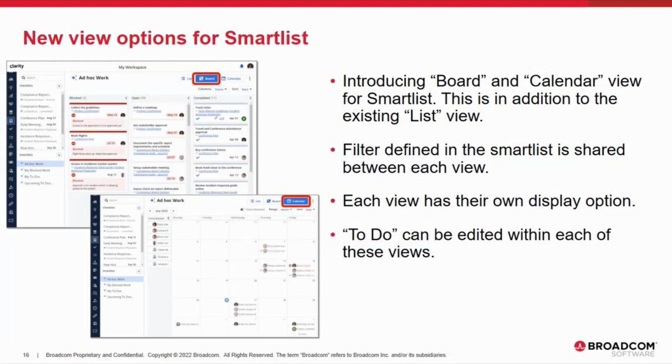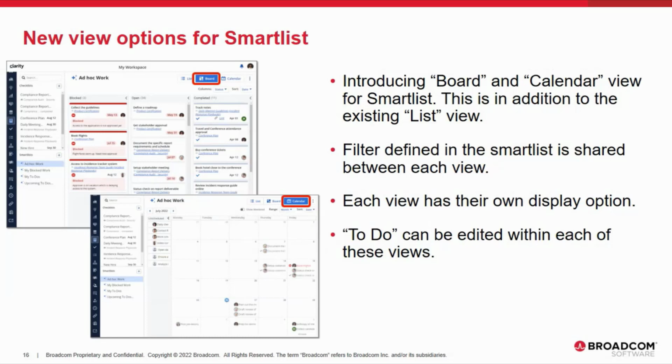application in the future. When you are in the Smart List, whatever filter criteria you have defined for that Smart List will be then used to display the data for the list view, board view, or calendar view. So all three of those views will share exactly the same filter.